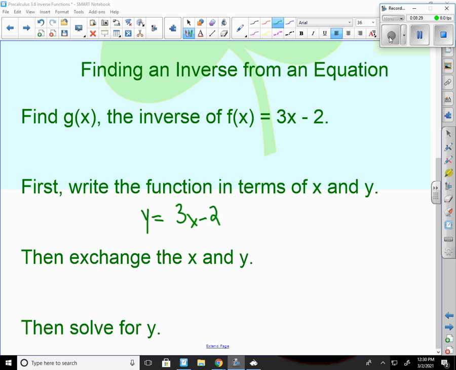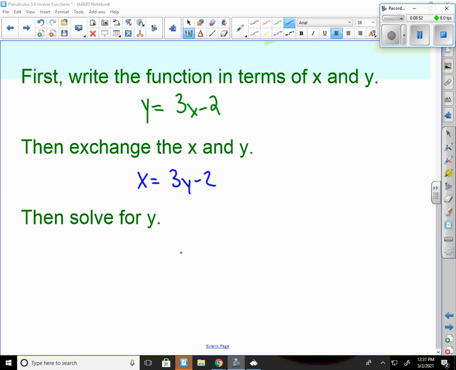So first, I write the function in terms of x and y. So I'm going to replace the g of x or the f of x with a y. So it's y equals 3x minus 2. Then I exchange the x and y, meaning I make this now x equals 3y minus 2. Now I just solve for y like we've been doing since Algebra 1. Add the 2 over.